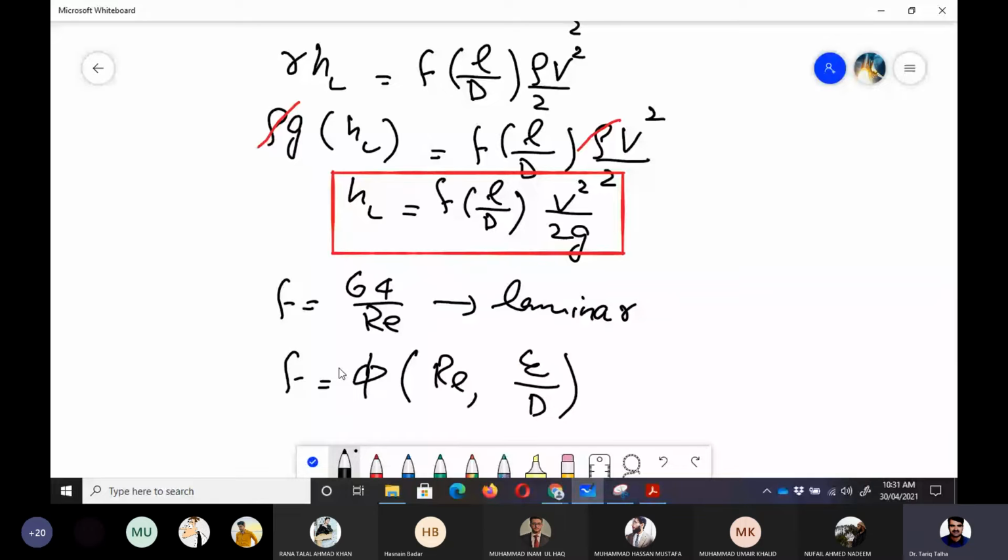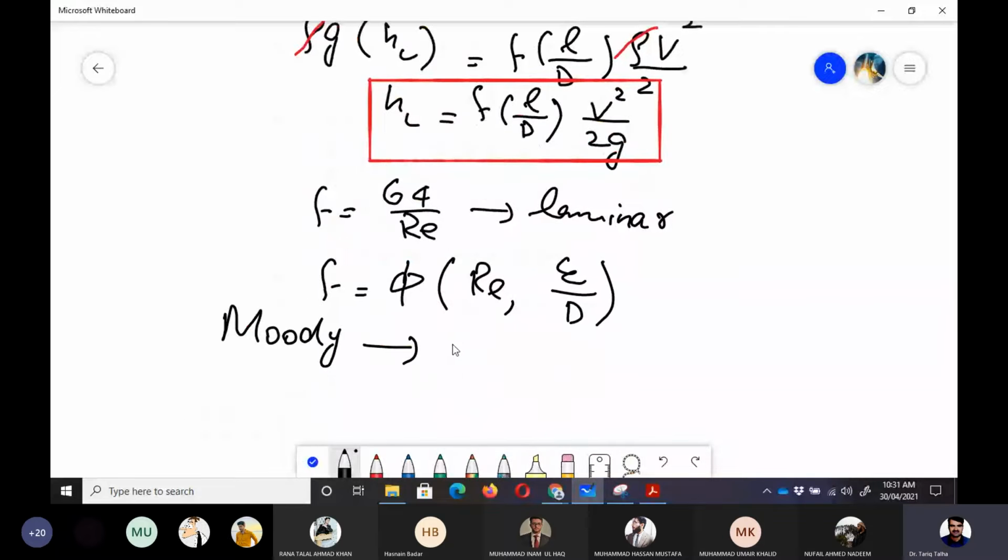So as we discussed, for turbulent flow we conduct experiments, and a scientist named Moody conducted experiments in 1944 to derive the friction factor for different Reynolds numbers and different relative surface roughness values, and he came up with Moody charts.